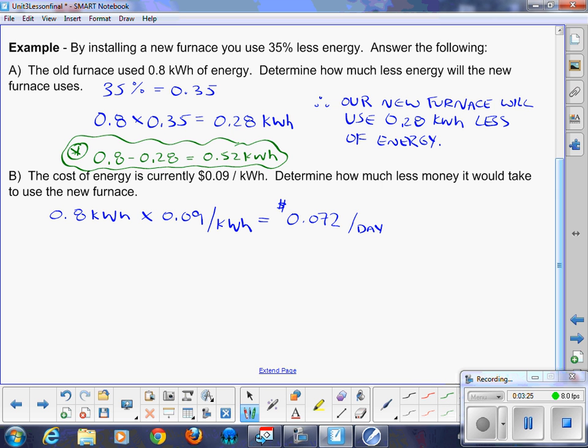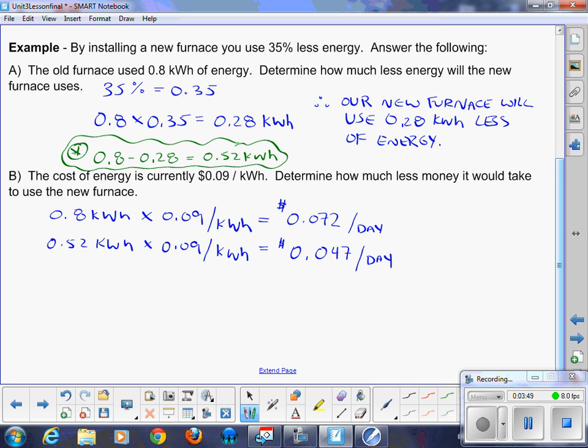So now 0.52 kilowatt hours multiplied by 0.09. So now that's going to cost us 0.09. Gets us to 0.047 cents a day.